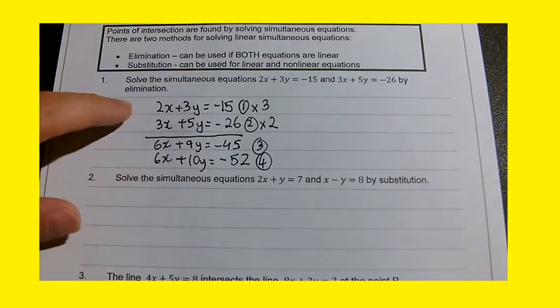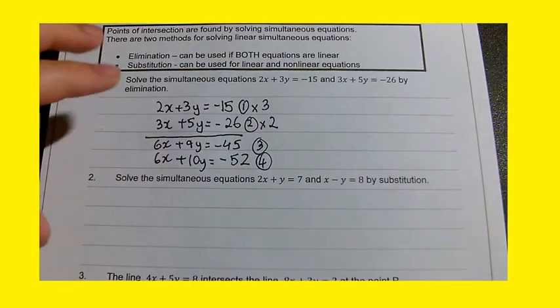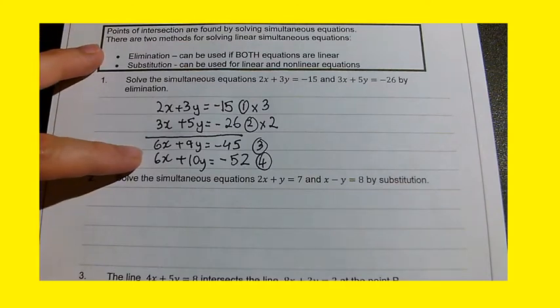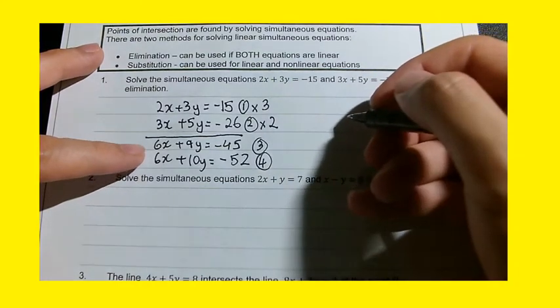Now, once I've multiplied by these values and I've got these new equations, what I can then do is think about, okay, how can I eliminate the x variable? And I can do that by subtracting one equation from the other.